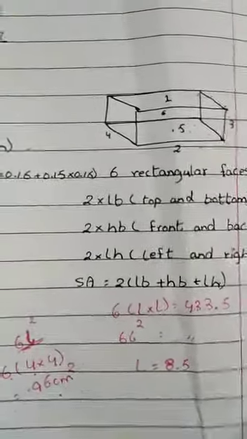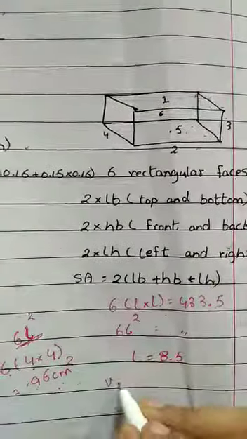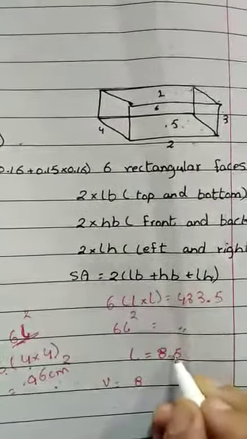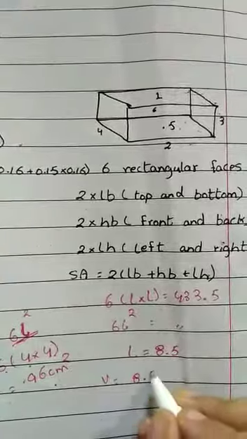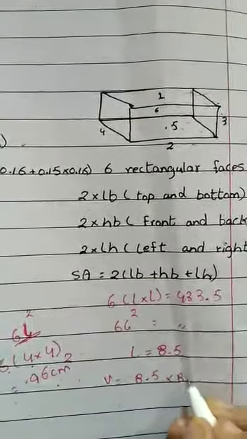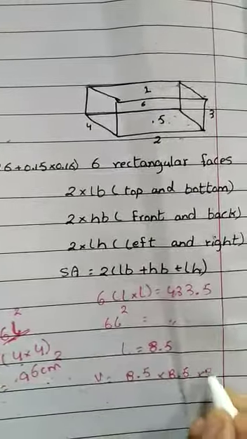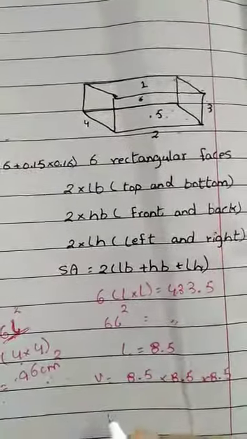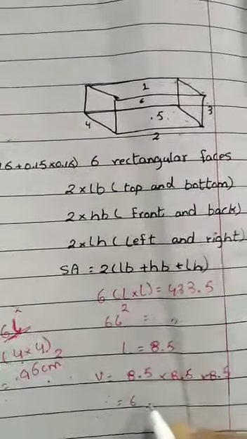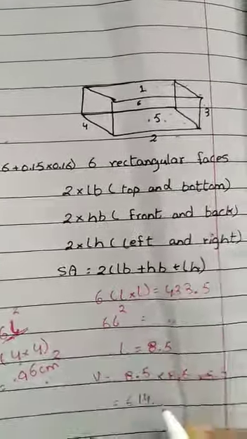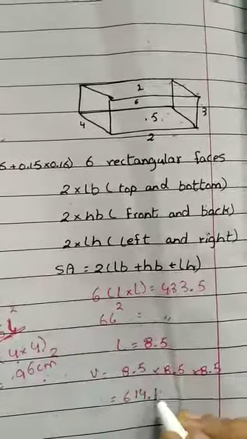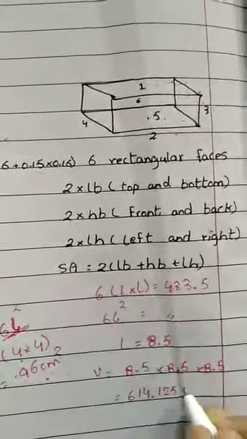So the volume of the cube: if the length is 8.5, all 3 lengths are 8.5. So 8.5 into 8.5 into 8.5, and in this way we get the volume as 614.125 centimeter cube. So this is question number 13, and question number 14 is excluded.